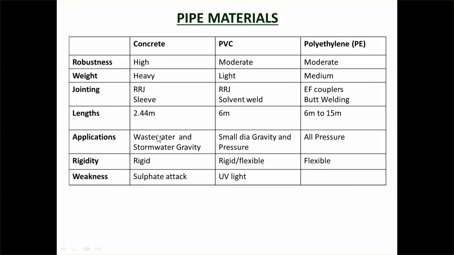The applications: concrete pipe is really good for gravity systems, so wastewater and stormwater gravity systems. It can go to big diameters without too much concern about it being crushed. PVC is normally used for the small diameter gravity, so up to about 250 to 300 mils. The PVC pipe is better for gravity pipes than the concrete pipe.